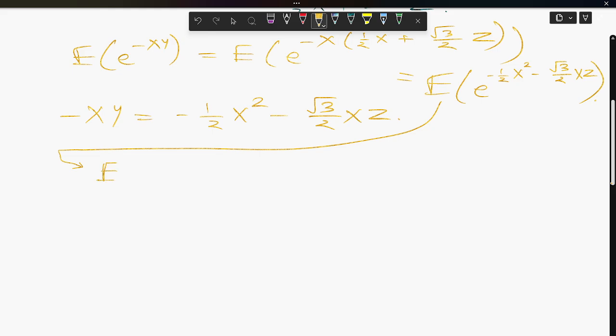So that will be the expectation of e to the power minus half X square into e to the power minus root 3 by 2 XZ. Fine, so now using the law of iterated expectation, that will be equal to the expectation over X of e to the power minus half X square times the expectation over Z of this.